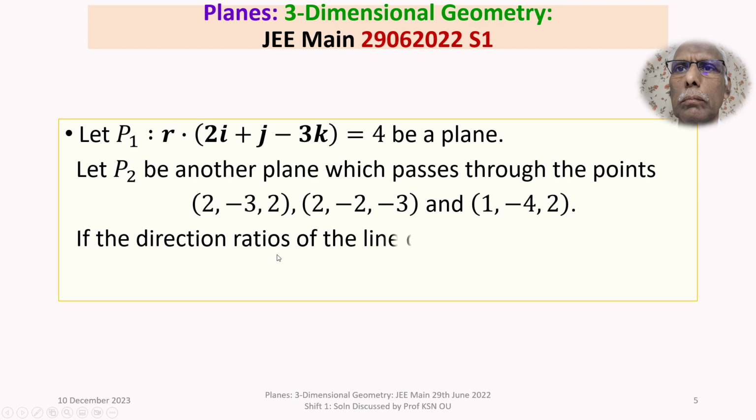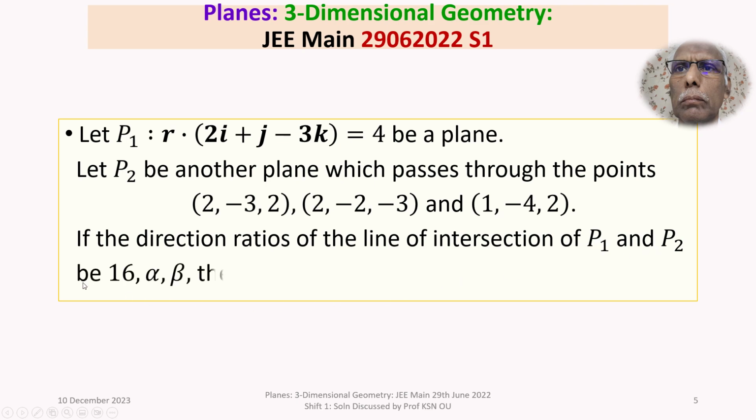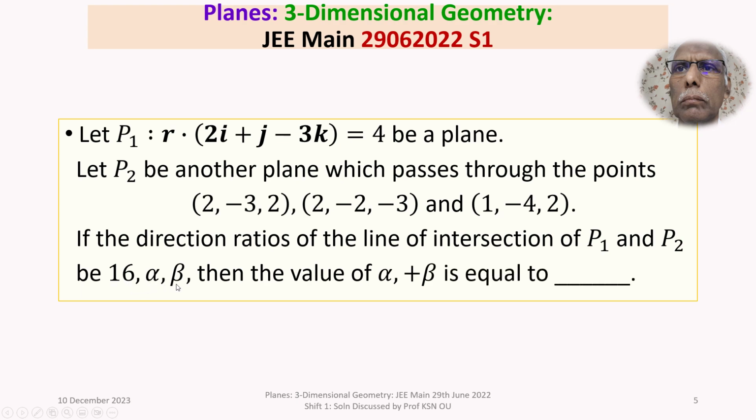If the direction ratios of the line of intersection of the planes P1 and P2 be 16, alpha, beta, then the value of alpha plus beta is equal to.